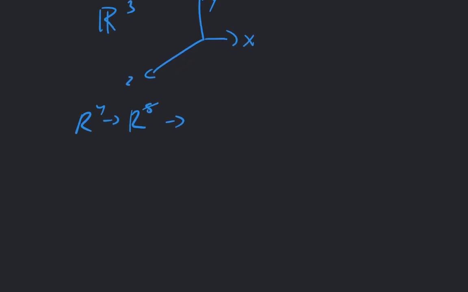But surprisingly, polynomials are also a vector space, which I always thought was really confusing. Polynomials you can add together, like 3x squared plus 2x plus 1. You can add with another polynomial.